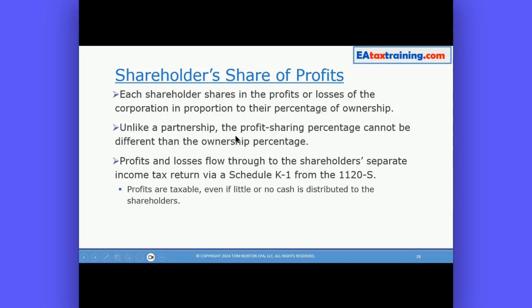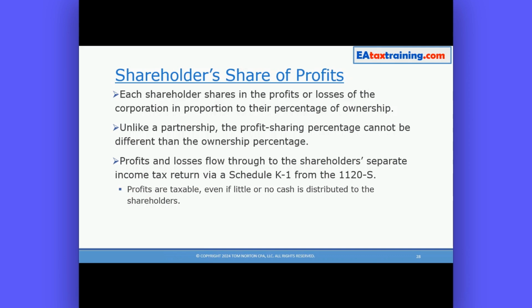Unlike a partnership, the profit sharing percentage cannot be different than the ownership percentage. Remember, when we were talking about partnerships, we had an example where one partner had 1% of the capital interest in the partnership and the other partner had 99%. But when they did their profit sharing percentages, one partner had 25% and the other partner had 75%.